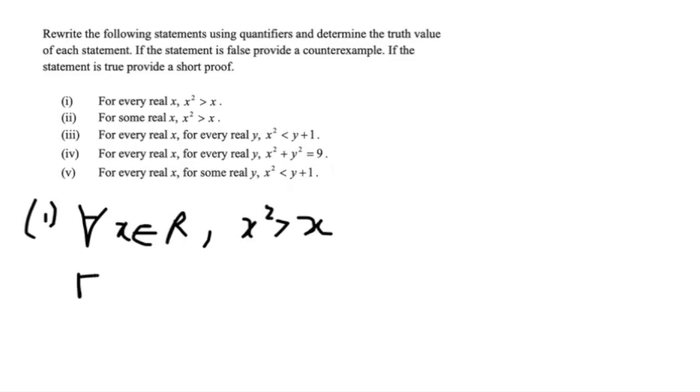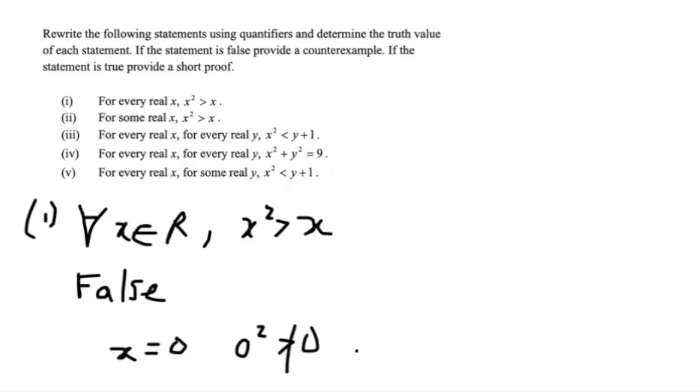Now this is false because I can find more than one example, and you just need to find one example that shows that it's false. So if I choose x equal 0, and that is my counterexample, 0 squared is not greater than 0.